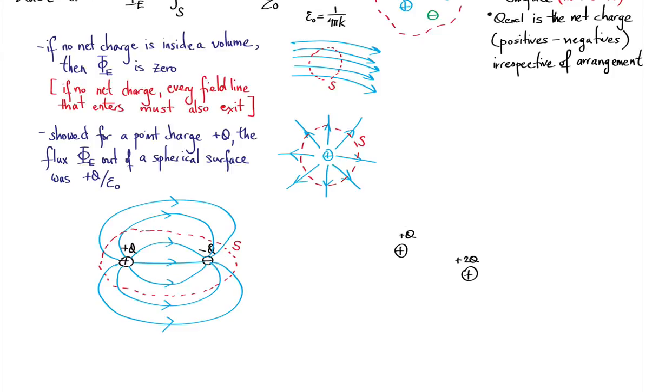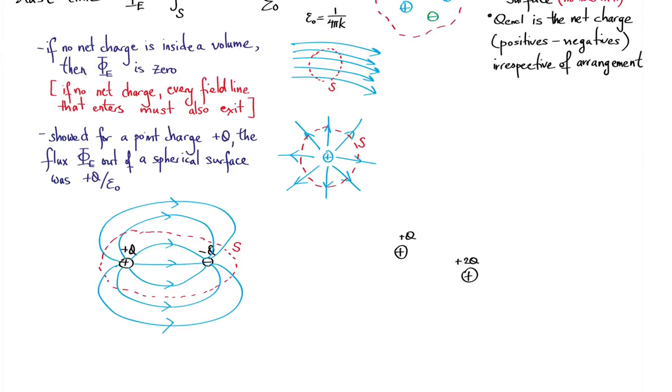So let's imagine now that we have some surface that's encompassing both of them. But it's not a nice regular surface. It's some kind of weird looking surface that looks like this, all right. So what I can do then is, first of all, let me draw the field lines coming out.